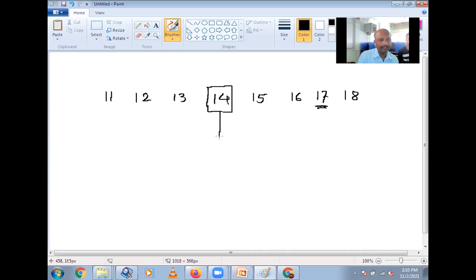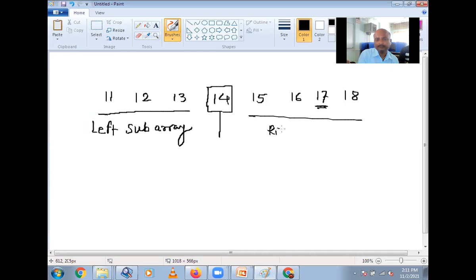Whenever you find mid, there are three parts: the left sub array, the right sub array, and the mid.